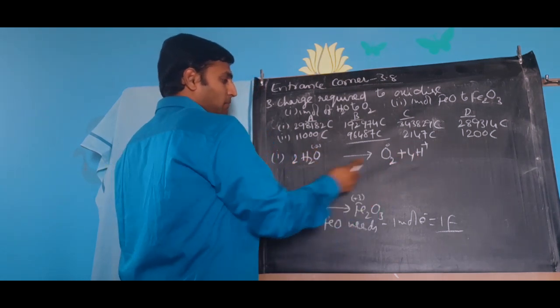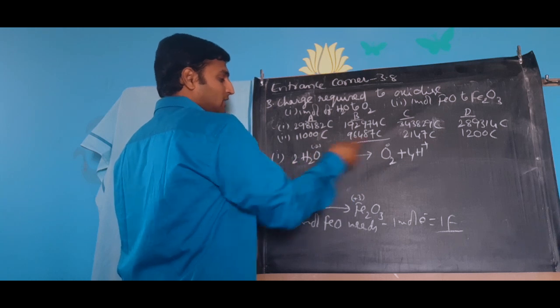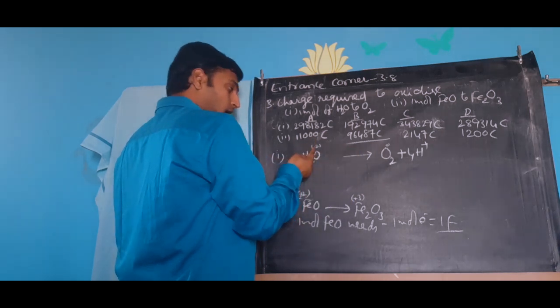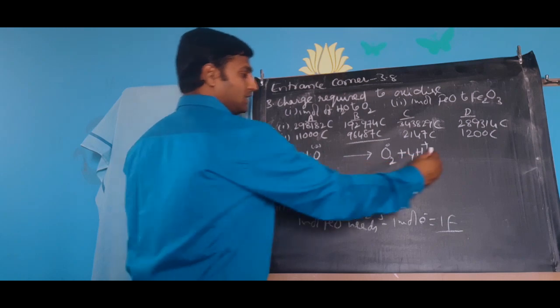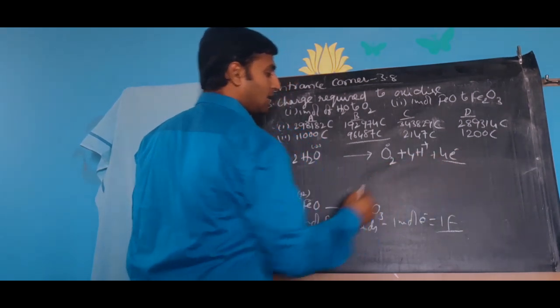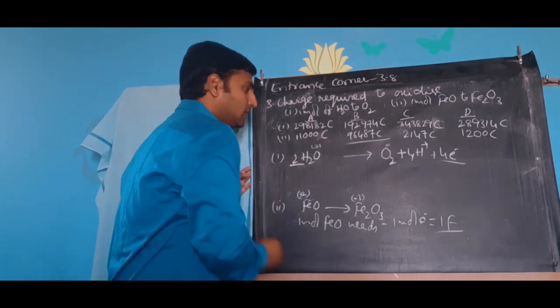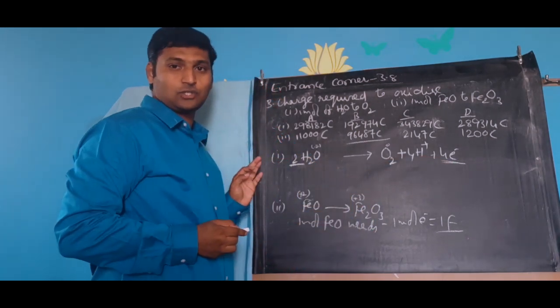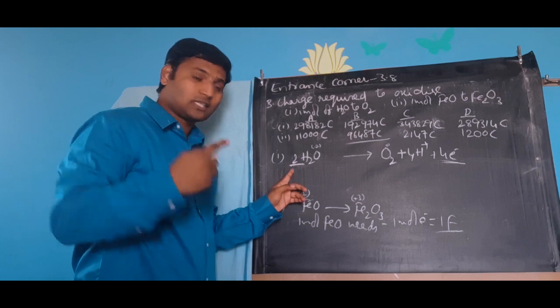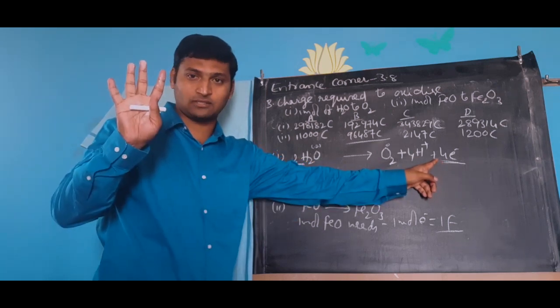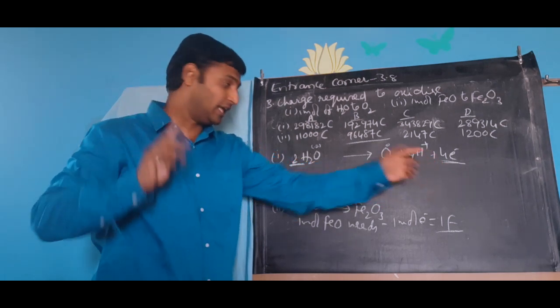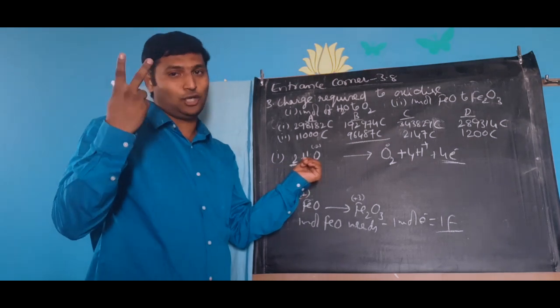Each oxygen changing from -2 to 0, so 2 oxygens changing totally by 4 units. That's why the number of electrons lost is 4. But please understand, 2 moles of water is losing 4 electrons. So 2 moles of water to oxidize, you need 4 moles of electrons. That means 4 Faraday. Therefore, each mole requires 2 Faraday.